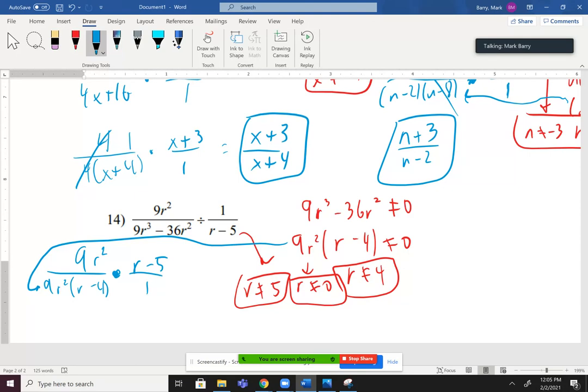And I hope you see why I wanted to do that, because now that that's out front, I can cancel out this 9 with that 9. And I can actually cancel out the r squared with the r squared as well. So all we have left is r minus 5 on top and r minus 4 on bottom. Awesome.